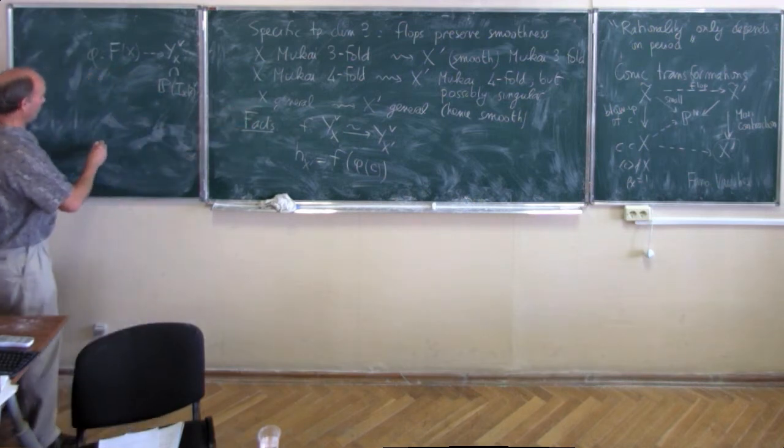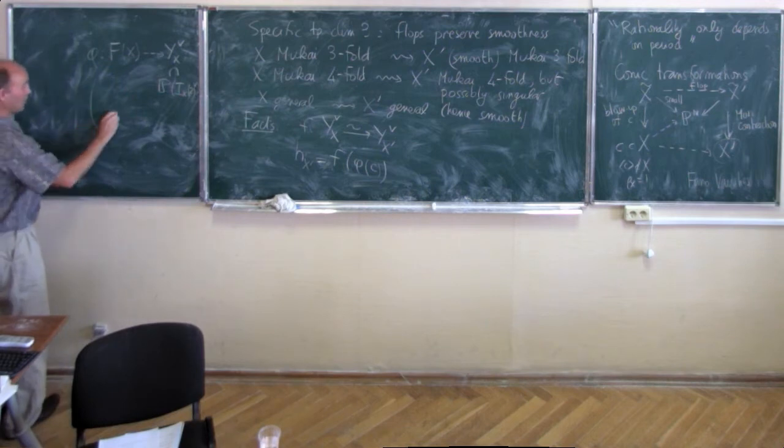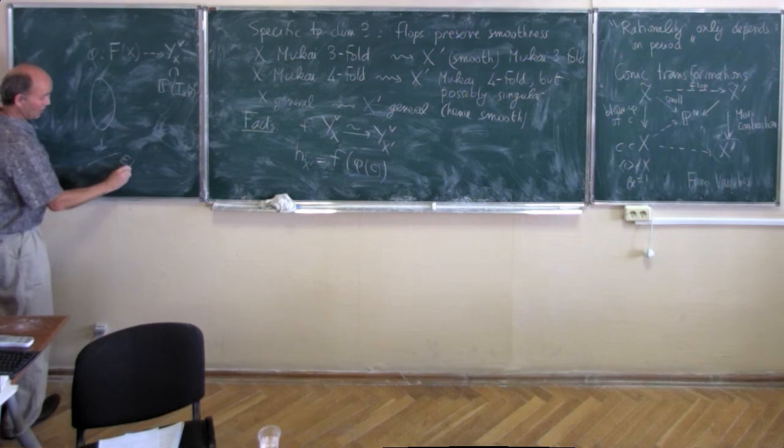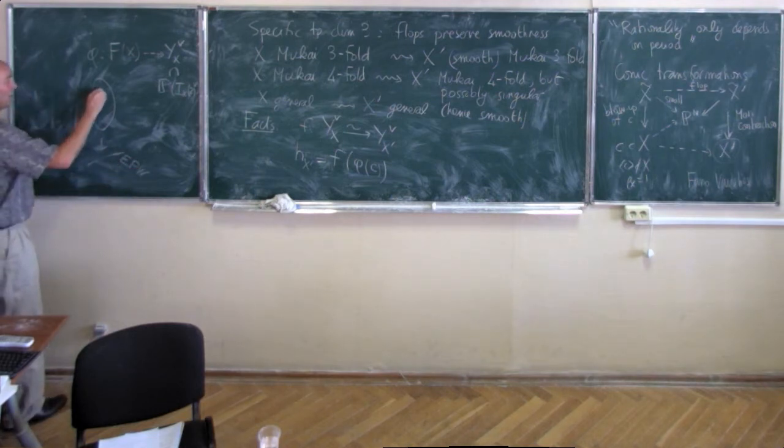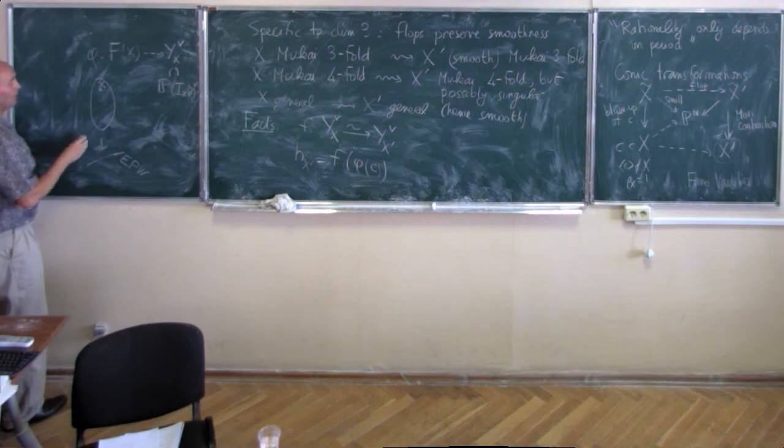So in other words, the situation is like this. So this is the map to EPW, or you can think of it as the period map. So your original X was here, corresponding to a point H_X. And by conic transformation, you can move almost anywhere to a new one.